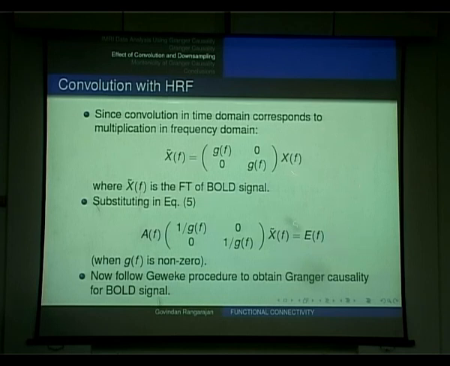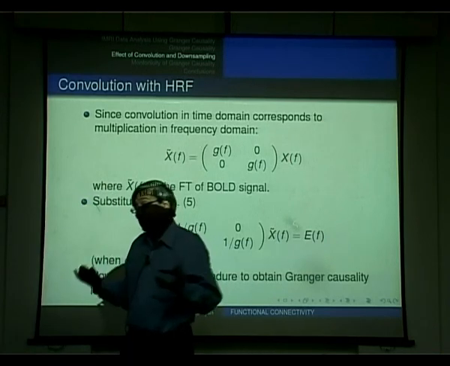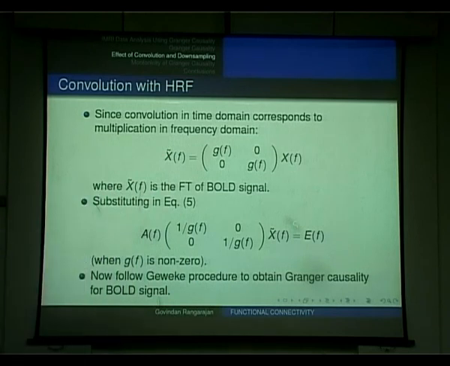So this is the Fourier transform of the neuronal signal. X of f denotes the Fourier transform of the neuronal signal, and you would know that convolution in the time domain by this HRF function corresponds to a multiplication of the corresponding Fourier transforms in the frequency domain.